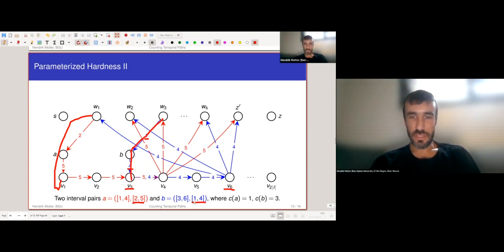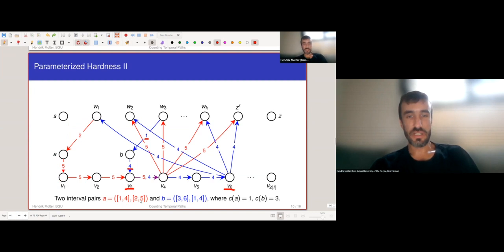Because the starting time of this first edge is going to be earlier than the time of the second edge here. So if I follow these rules of following these path segments, then I know that if the second intervals intersect, I cannot first take this red path segment and then follow it up with the blue path segment.